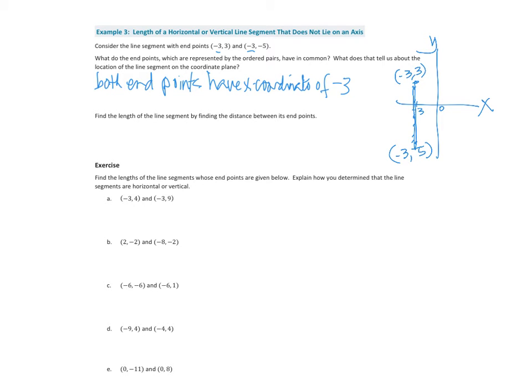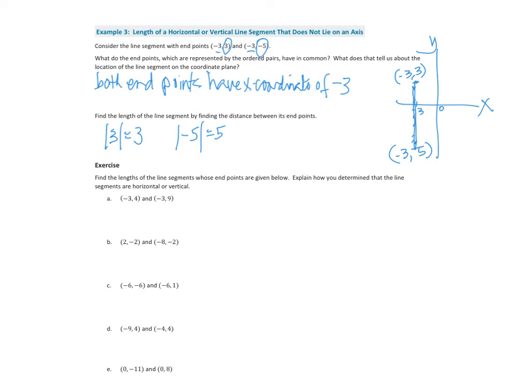This means that the endpoints of that line segment are on a vertical line. Okay, find the length. Now I have to do my calculation. If the endpoints are on the same vertical line, we only need to find the distance between the other numbers. The ones that are the same tell us where the vertical line is, or it could be horizontal. So the absolute value of 3 is 3. And the absolute value of -5 is 5.